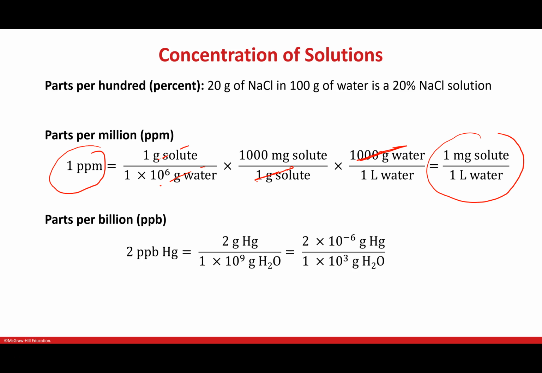And I'll show you why I'm doing this. Your author went this route, so I'm like, oh, I can do that. All we did with the numerator and the denominator was divide by 10 to the 6th. So now we have 2 times 10 to the negative 6 grams of the solute, Hg, over 1 times 10 to the 3rd grams of H2O.